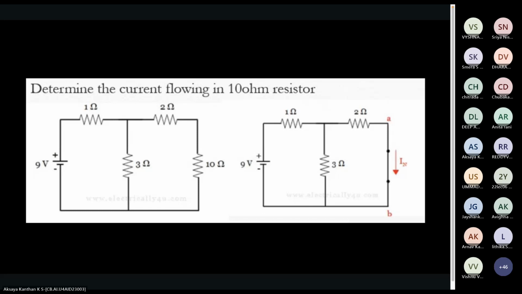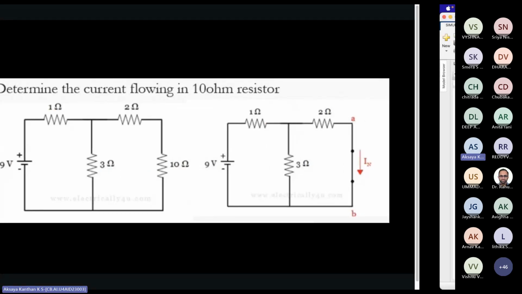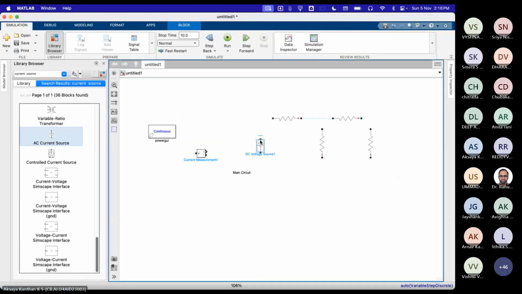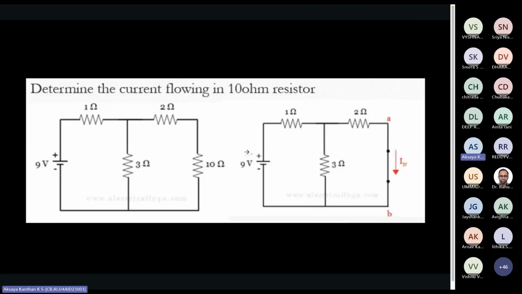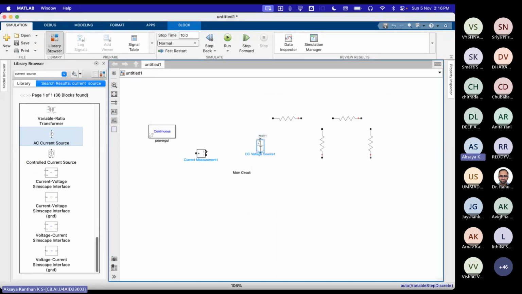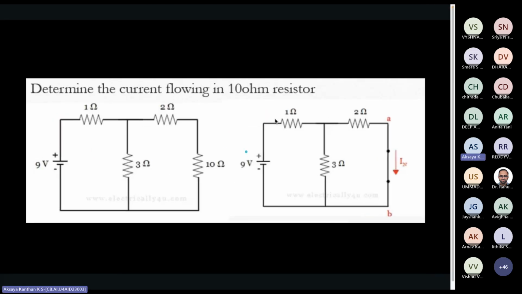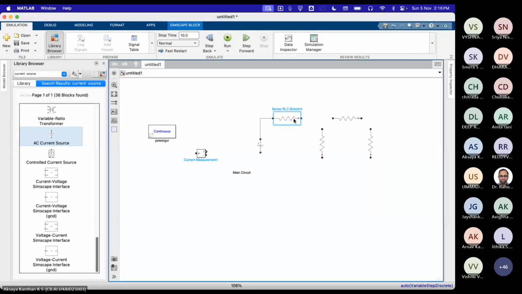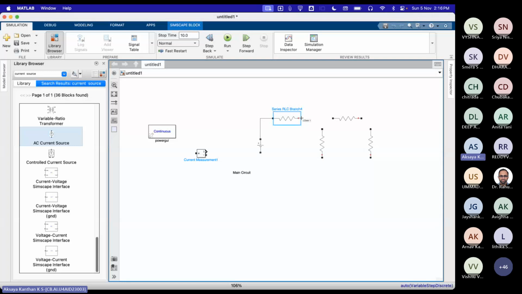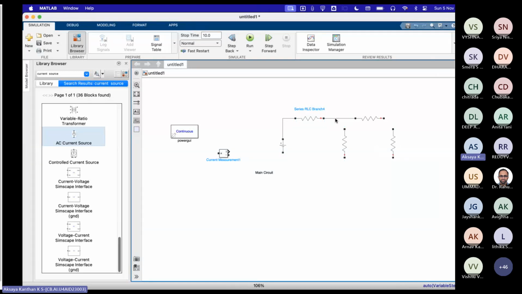First of all, design this circuit in the Simulink workspace. I take a 9 volt DC voltage source and then connect it to a 1 ohm resistor, and then the 1 ohm resistor is connected to 2 and 3 ohm resistors.